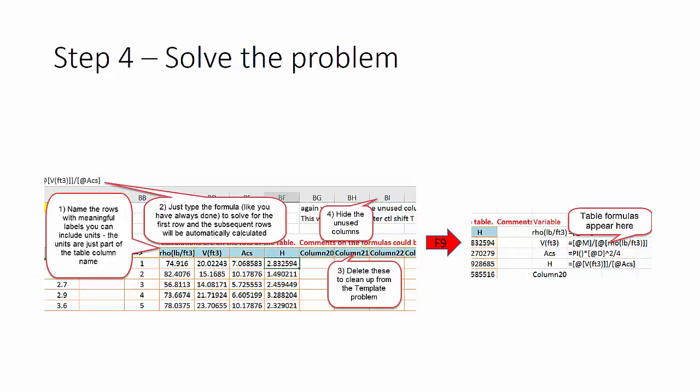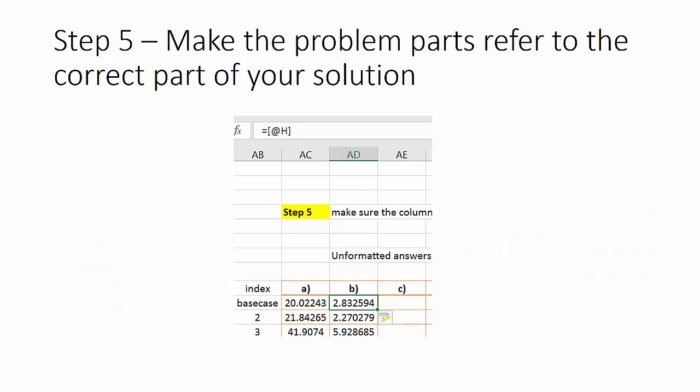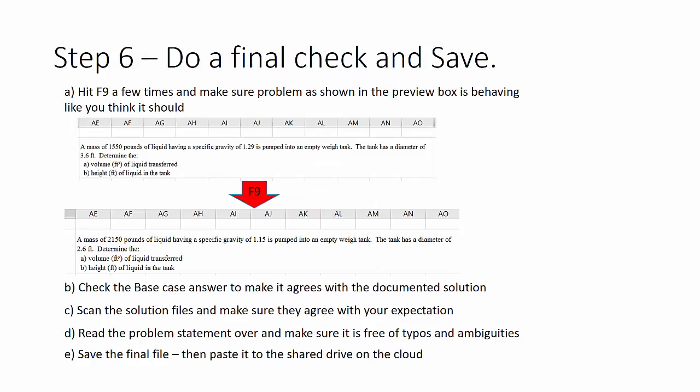In step 5, for the table headings of A, B, and C, you'll just refer to where you solved that particular variable. If you hit F9 a few times, you have a preview problem box that you can view and make sure that the problem is reacting like you think it should, the base case agrees with your documented solution, and save your final file.